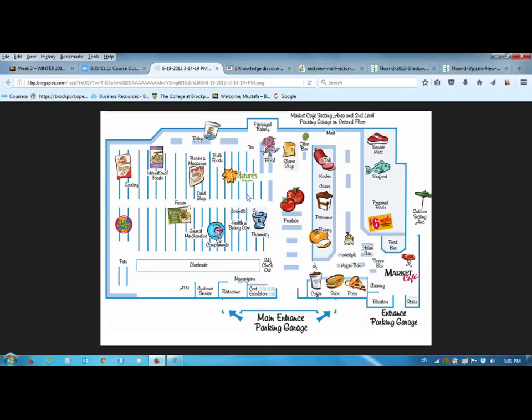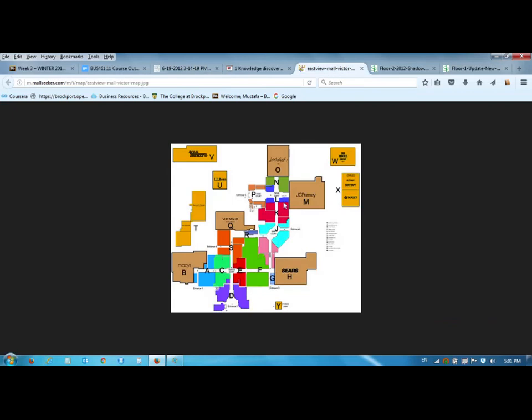The same idea can work for a shopping mall as well. As you can see, if customers visit Macy's and they also want to visit JCPenney afterwards, they have to go through the whole shopping mall, and when they go through, they will enter some other stores and may purchase some other products as well.